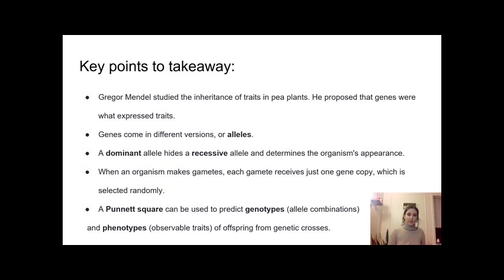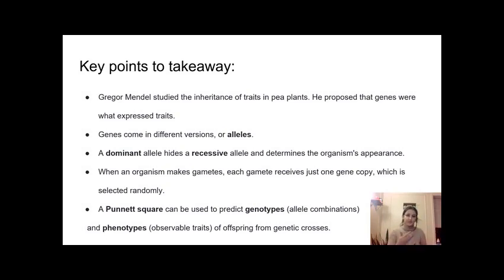So when you have a dominant allele, it's going to show, whereas the recessive allele is going to be hidden if it's heterozygous, or it only shows if you are homozygous recessive. You need 2 little letters, 1 from each parent. And when an organism makes gametes, each gamete receives just 1 gene copy that is randomly selected from each parent.